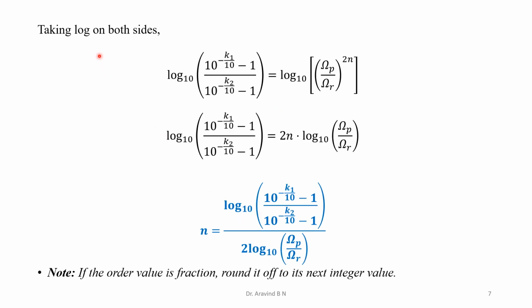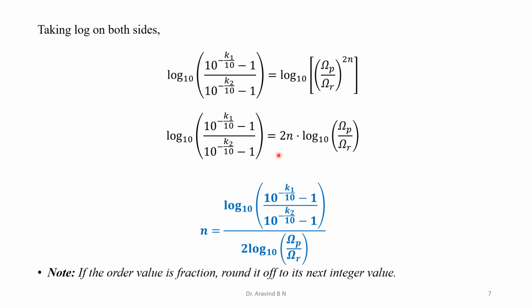Now apply logarithm to base 10 on both sides. After applying log to base 10, this is what we obtain. As per the laws of logarithm, we can take out the 2n and write it here. That has been done and represented here.